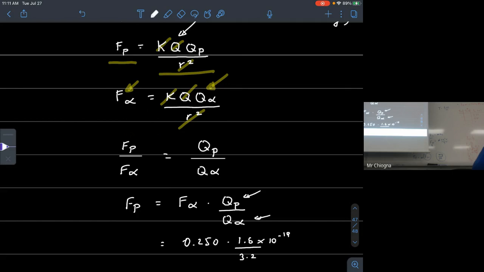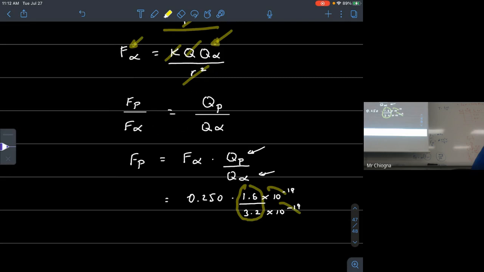They're the same exponent. That's why I originally didn't write them. They just cancel out. What is this? 1.6 over 3.2 is just a half. It reduces to 1/2. So this is just 0.125 newtons.